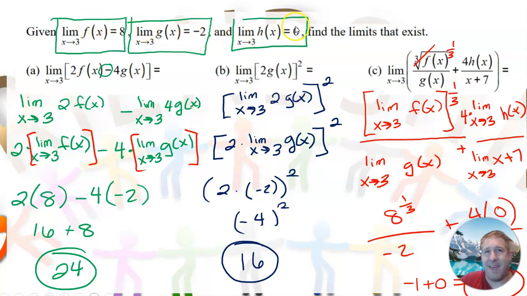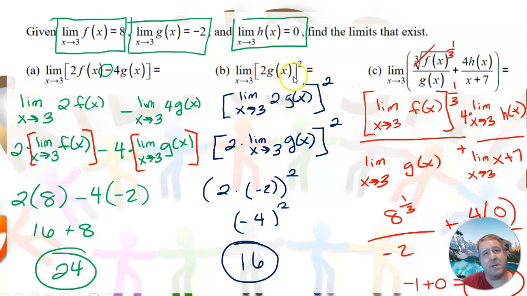I guess this is sort of like a key up here. They're telling us what these functions have limits of at 3, when x is 3. So then I can just plug in that 8, which is what the limit as x approaches 3 of f of x is, right here, and then I can just simplify, doing the rest of the math by hand.